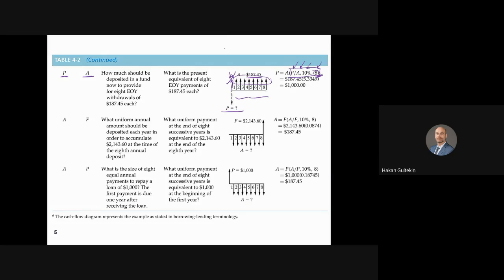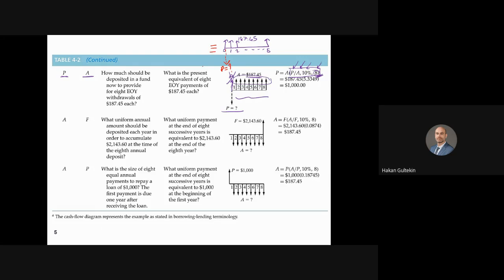But if we are asked about such a question, let's assume that we have A starting from time 0, and it continues until 8, and the same amount of payment is done. And if we are asked to find this present value at time 0, this P, how shall we find it?